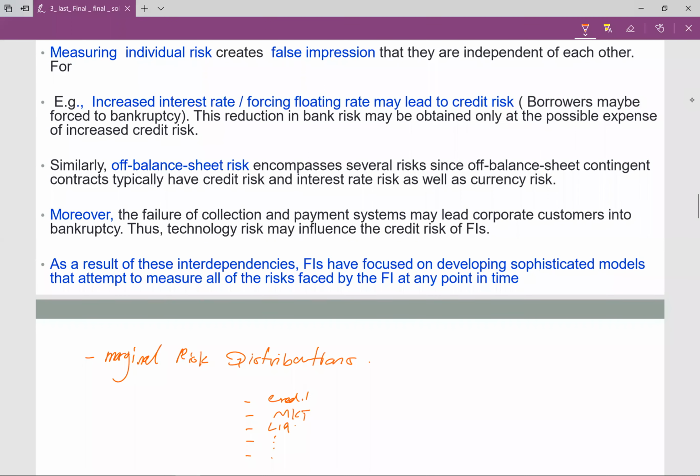A problem happened in the market, like an increase in the interest rate. I'm giving my customers loans, say I have business loans of 100 million, and it is at 7%. Bank Negara is now charging 2% overnight. It increased it to 5%.